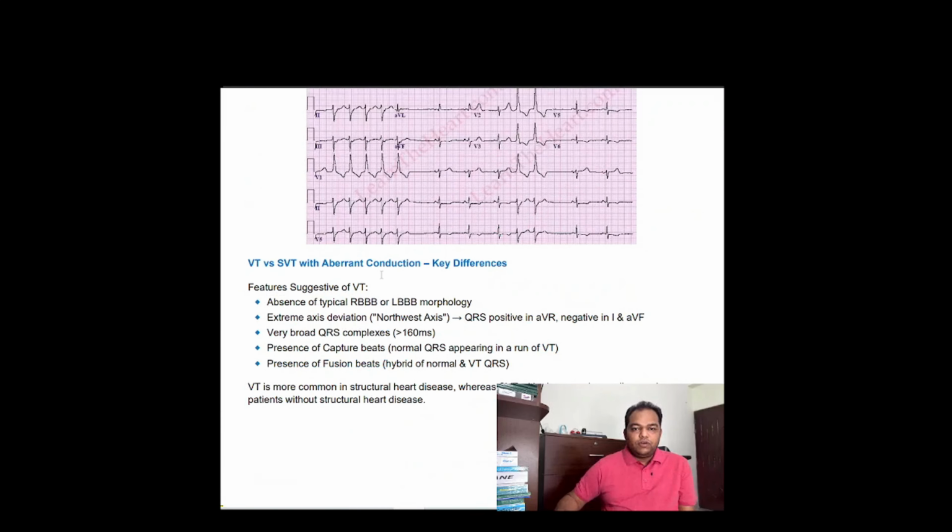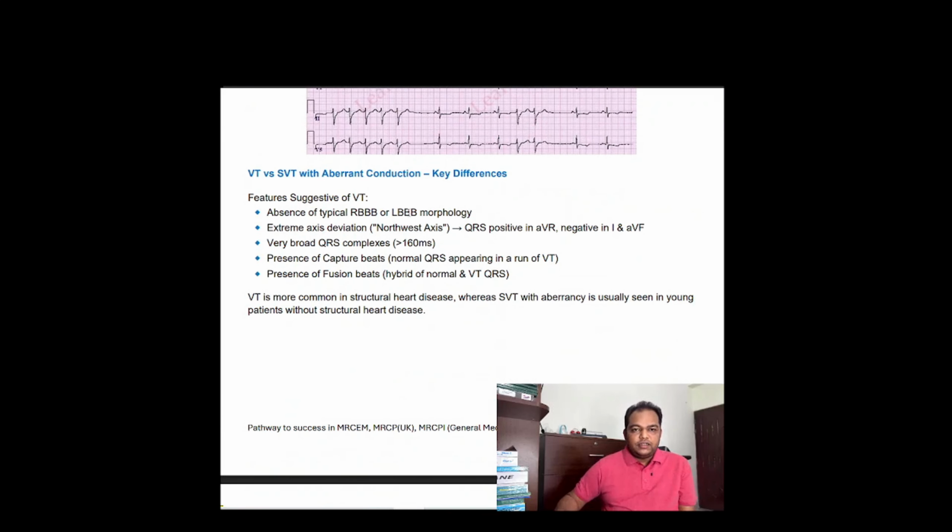So when we can find these features, that means absence of typical RBBB or LBBB morphology, extreme axis deviation, very broad QRS complexes more than 160 millisecond, capture beats or fusion beats, these features are very suggestive of ventricular tachycardia.